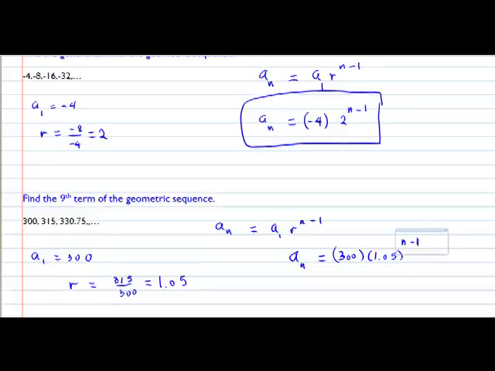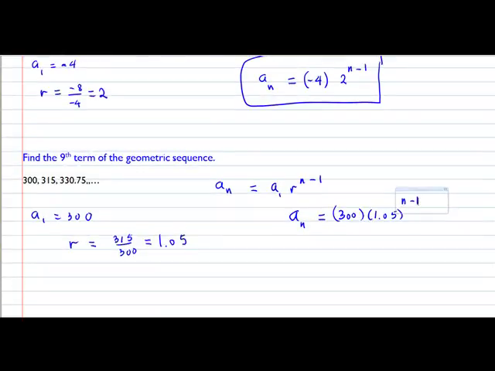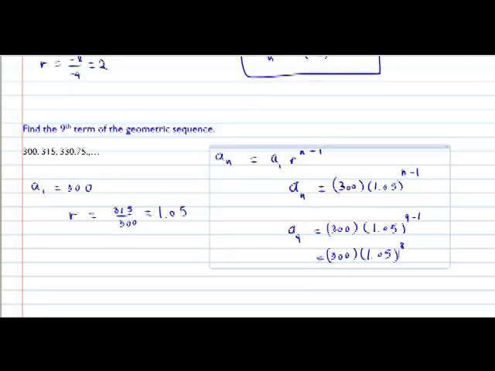Right? I'm not finished yet, because we want to know what is term number 9. So to find term number 9, I have a sub 9, and now I put that in the formula. So I have 300 times 1.05 to the 9 minus 1, so 300 times 1.05 to the 8. And then put all this in the calculator.